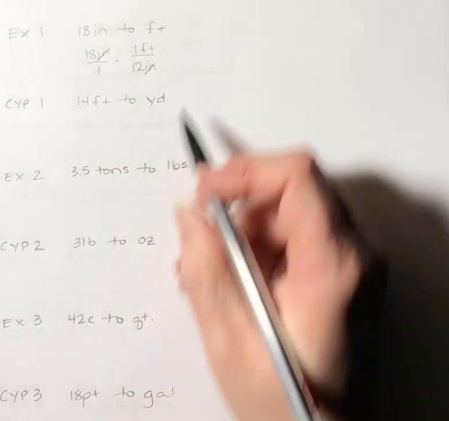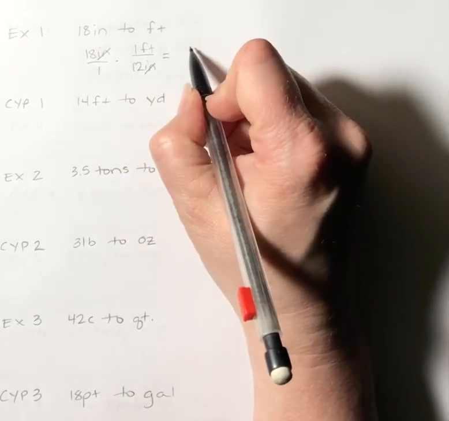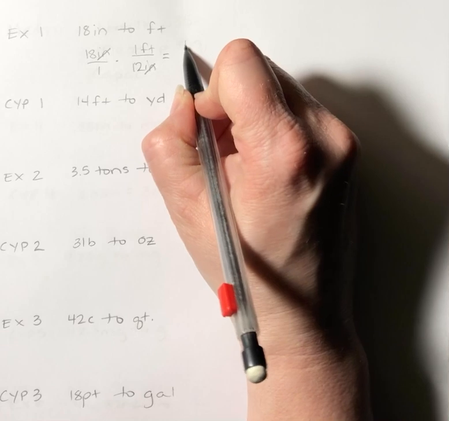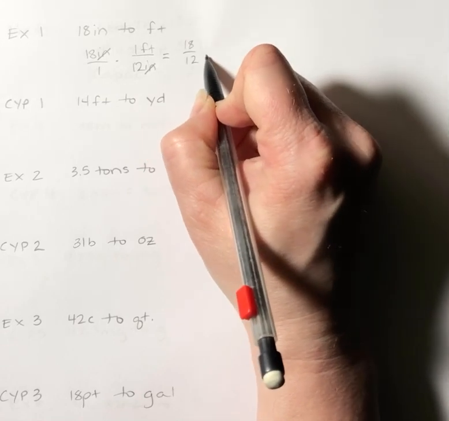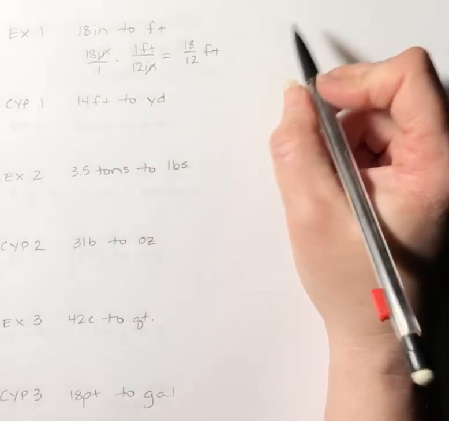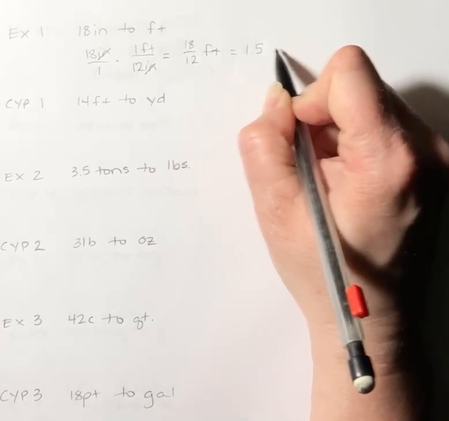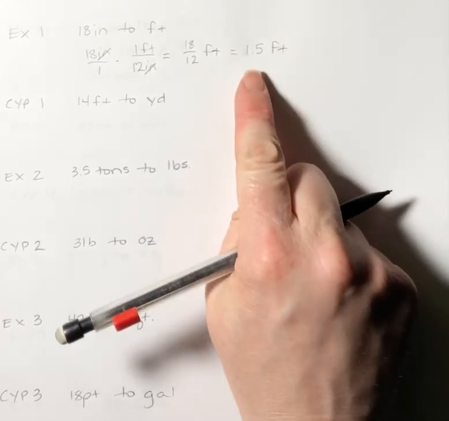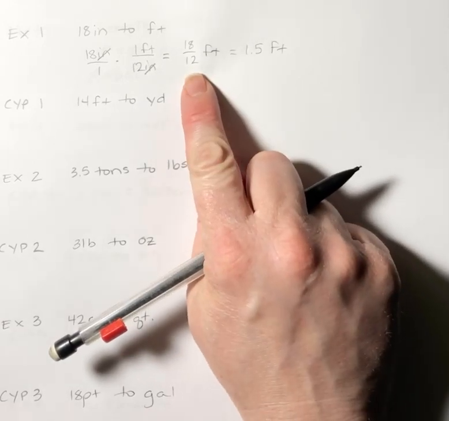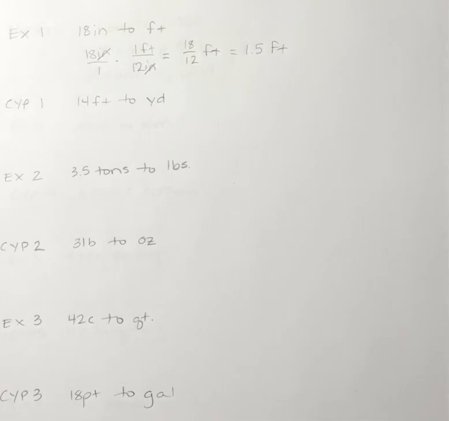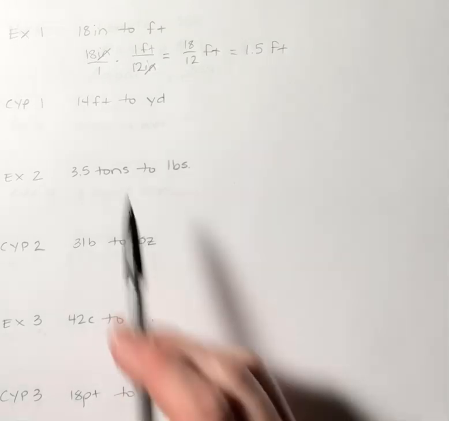I cancel those, and I'm left with, if I multiply straight across, 18 over 12, which reduces to 1.5. You just want to make sure that it's exact. So if this was, let's say, 1 1/3, we don't want to write it as 1.3. It's not the same. Okay.